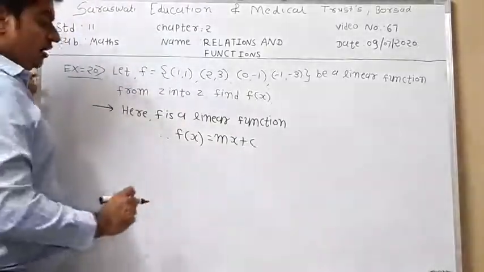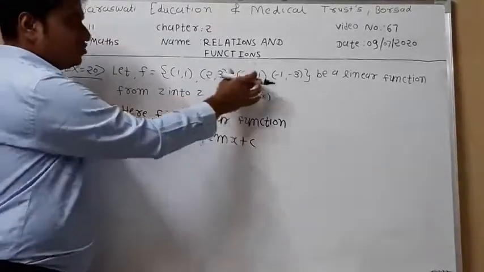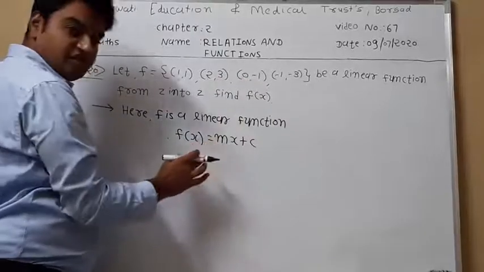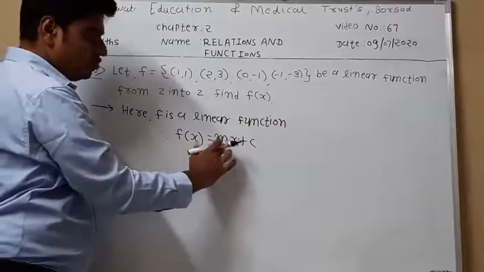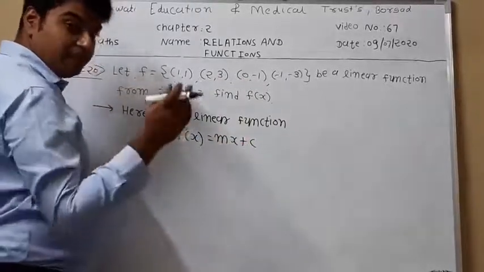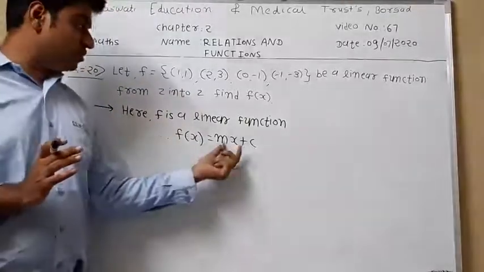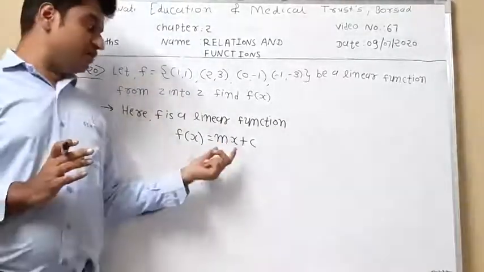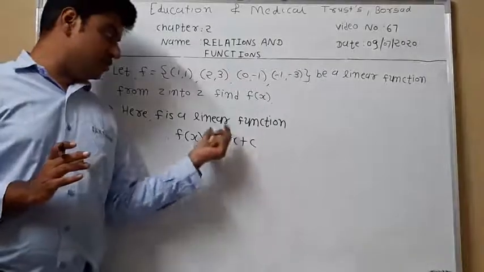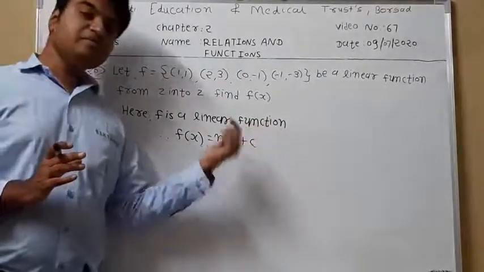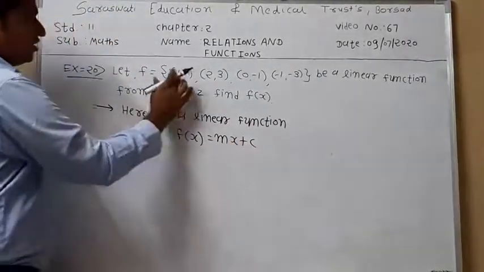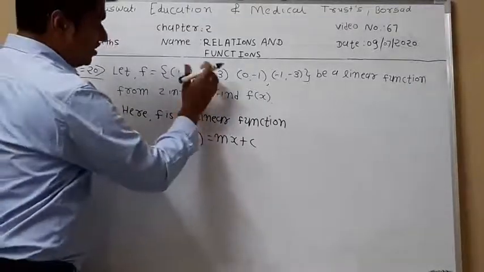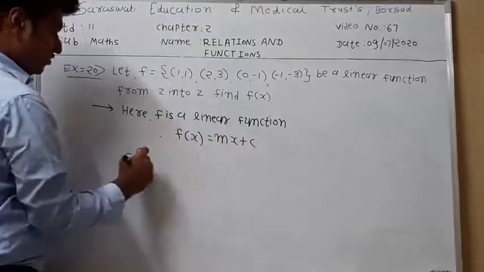Now using these ordered pairs, substitute in this equation and find out the values of m and c, and then substitute these values in this equation. So here we get the linear equation of the linear function. First of all, consider the ordered pair (1, 1).